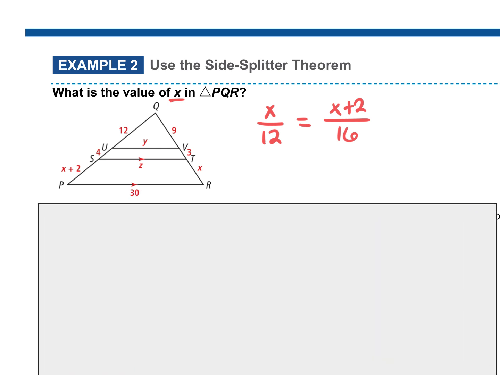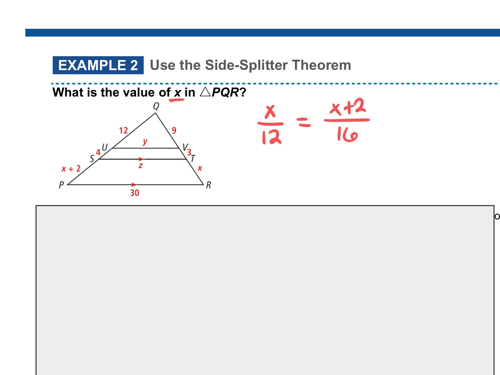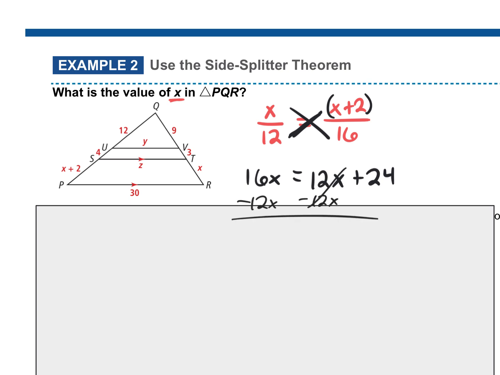So we're going to cross multiply. x times 16 is 16x. 12 times x is 12x. 2 times 12 is 24. Then solve, subtract 12x. So we get 4x equals 24. Divide by 4, x equals 6.